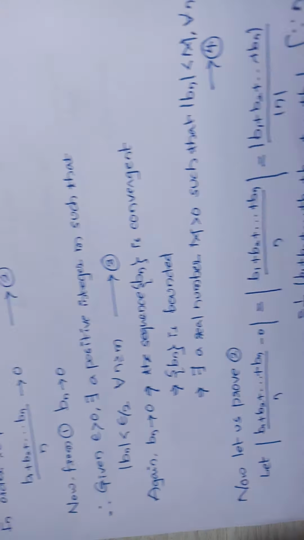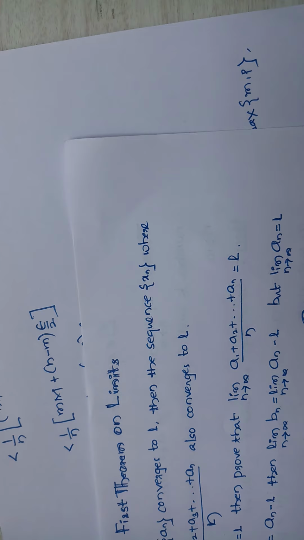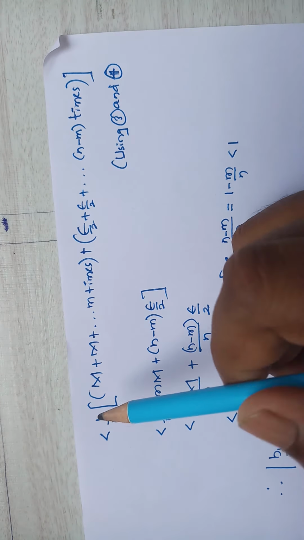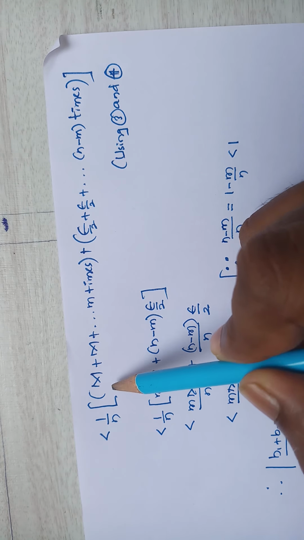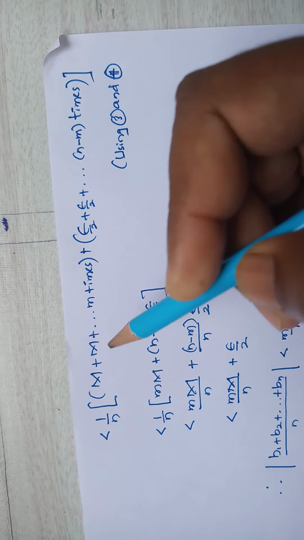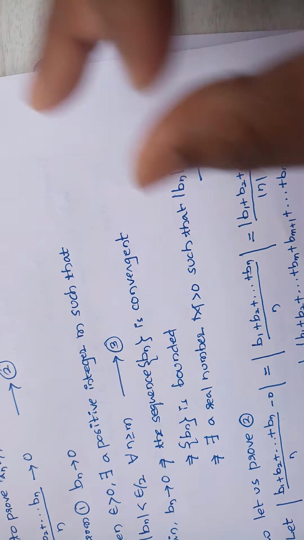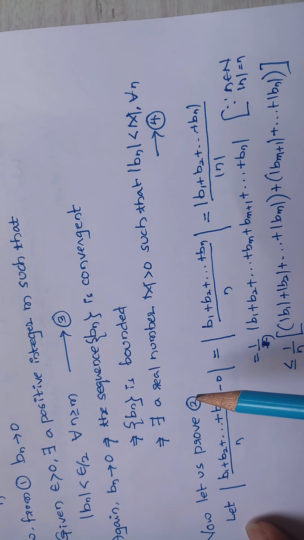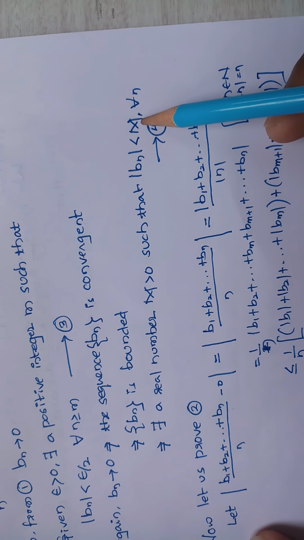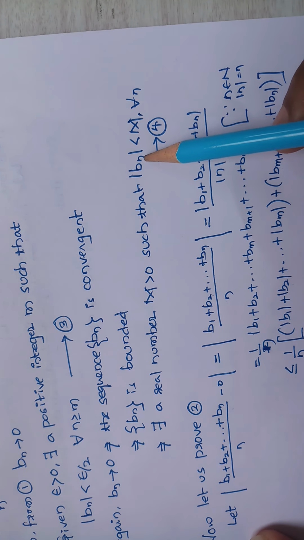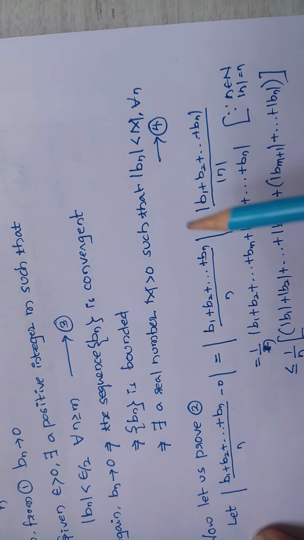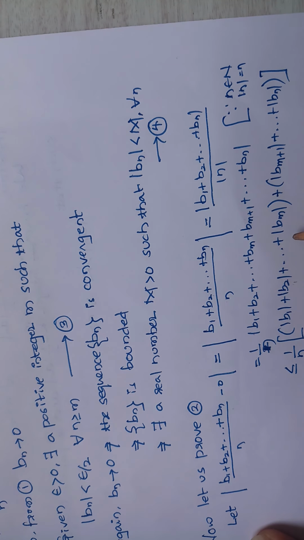Okay, so therefore this can be rewritten as: this is less than m plus epsilon, because modulus of bn is less than M. Here if I take m terms, b1 plus b2 plus b3 plus so on bm, these are m terms, so how many times?